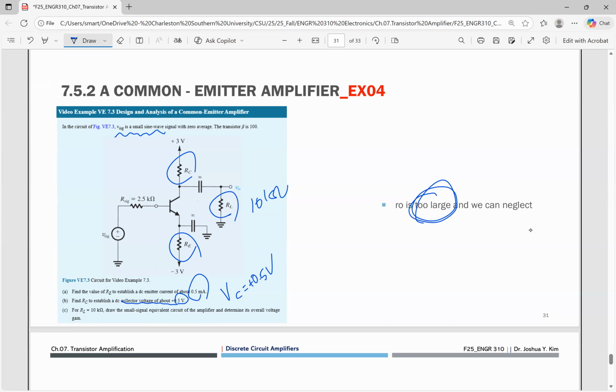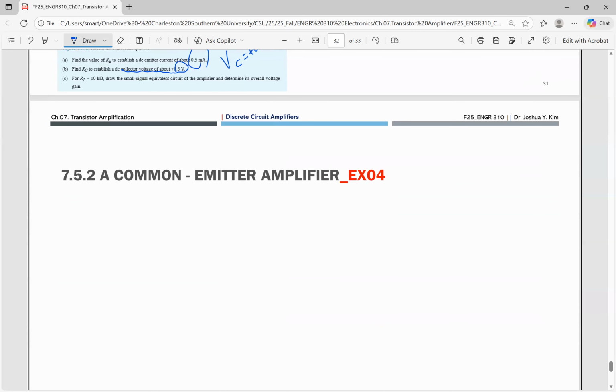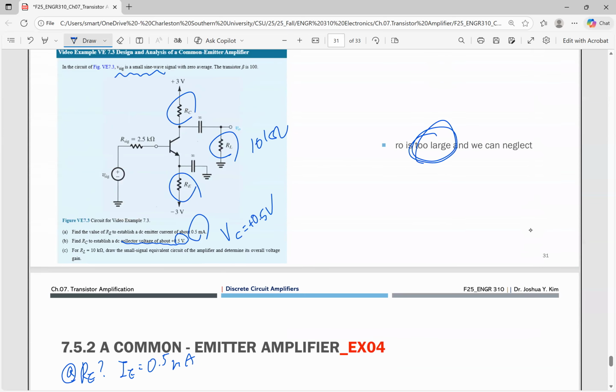All right. So in here, I'm gonna try to do my best. What is the R sub E? The R sub E was the given condition, I sub E is 0.5 milliamp. Well, we have a lot of conditions here. First of all, we're gonna assume that this is very small.